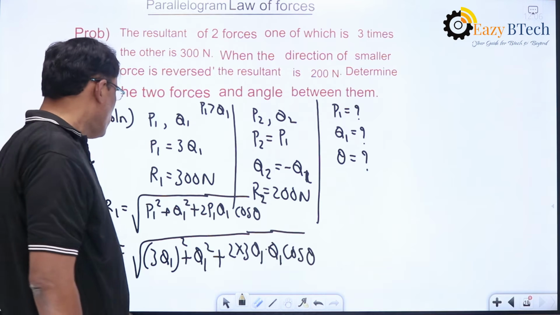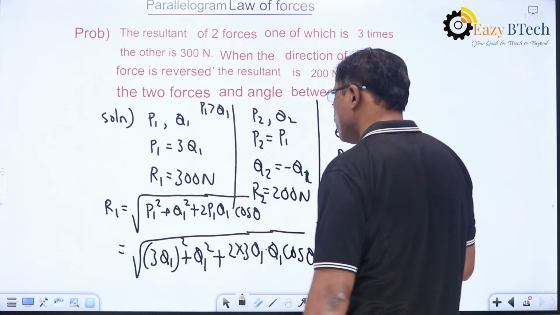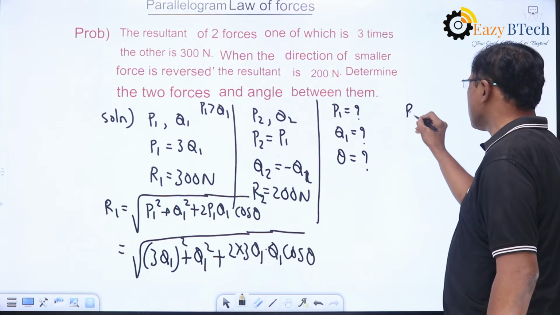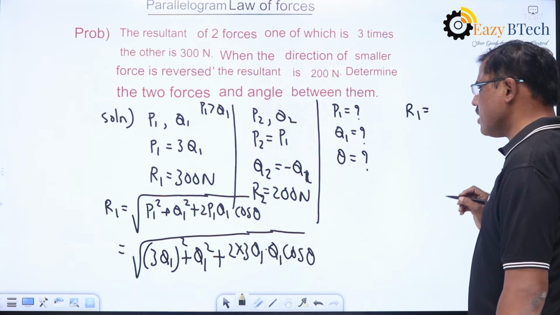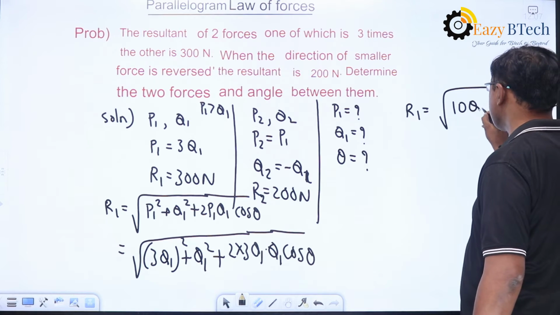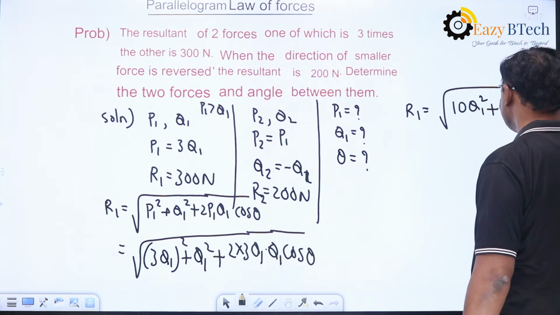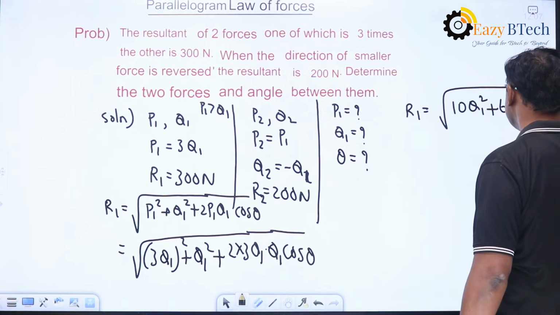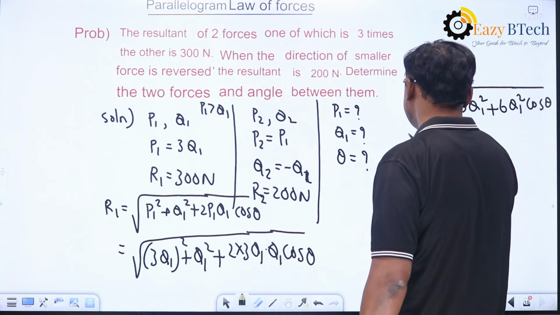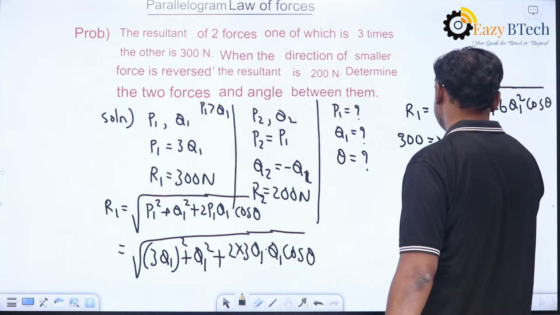So this R1 value comes as root over 10 Q1 square plus 6 Q1 square cos theta. R1 value is 300 newtons.